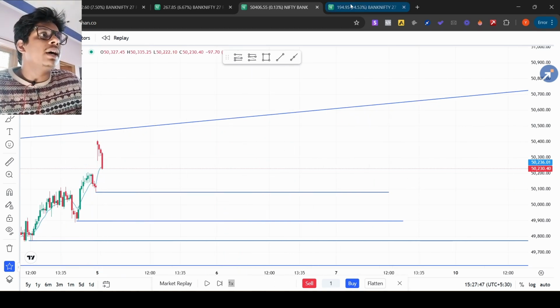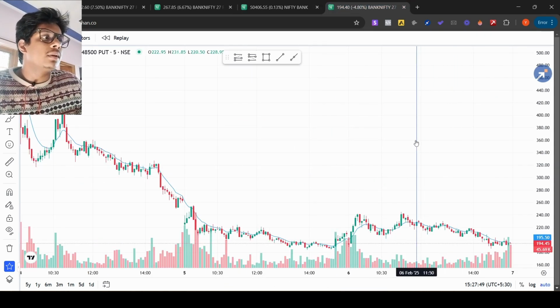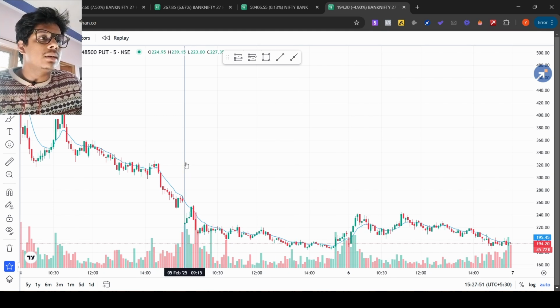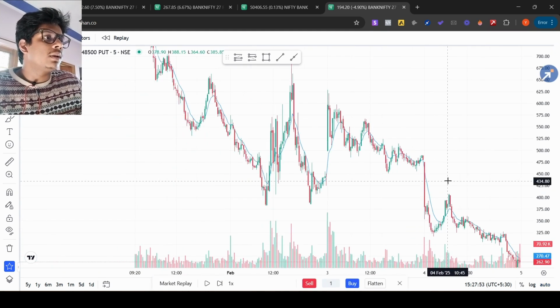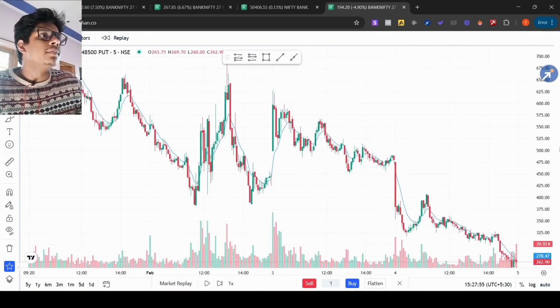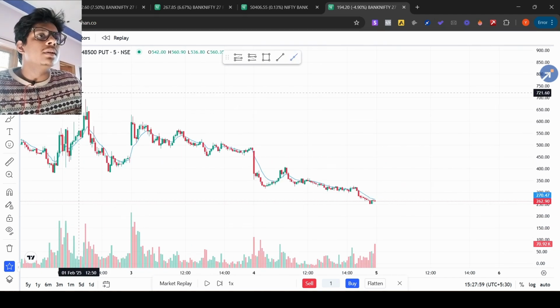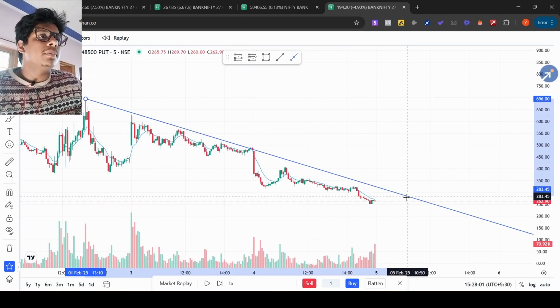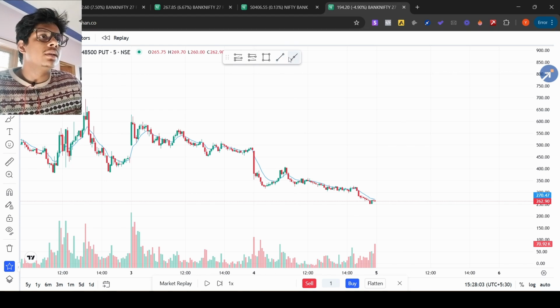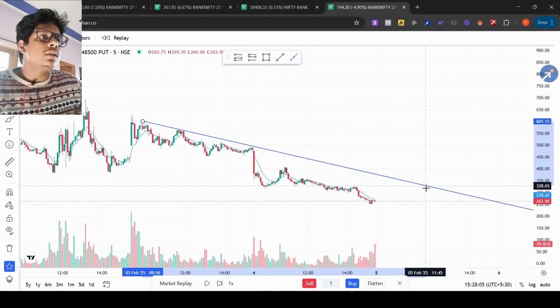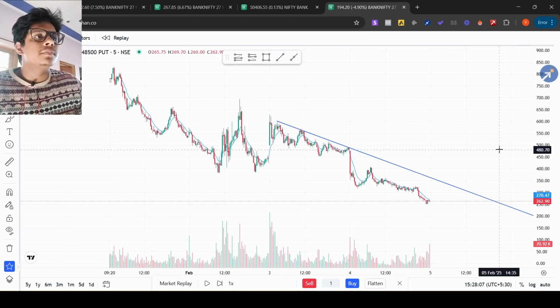Okay, so this is of 9:30. From here we have to take the trades. So this can be a pretty great trend line, I think. There we go.